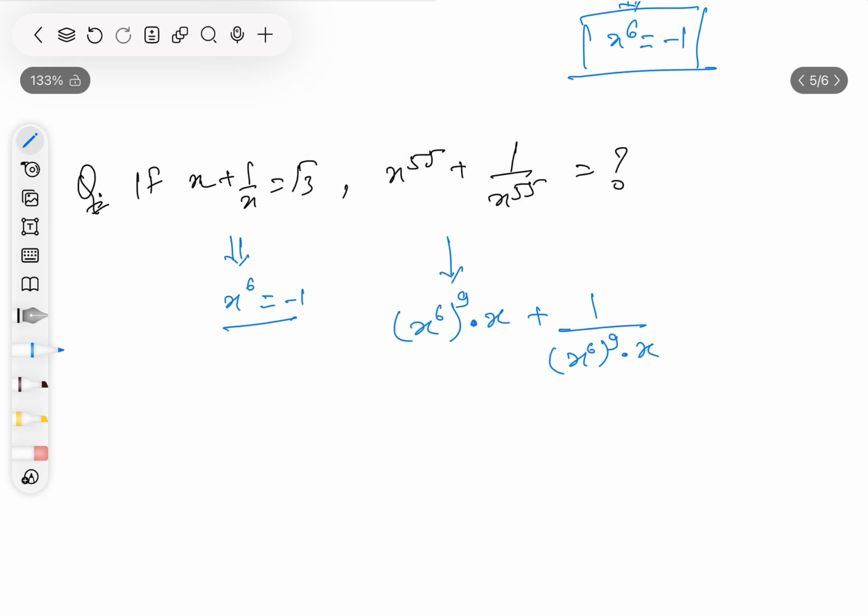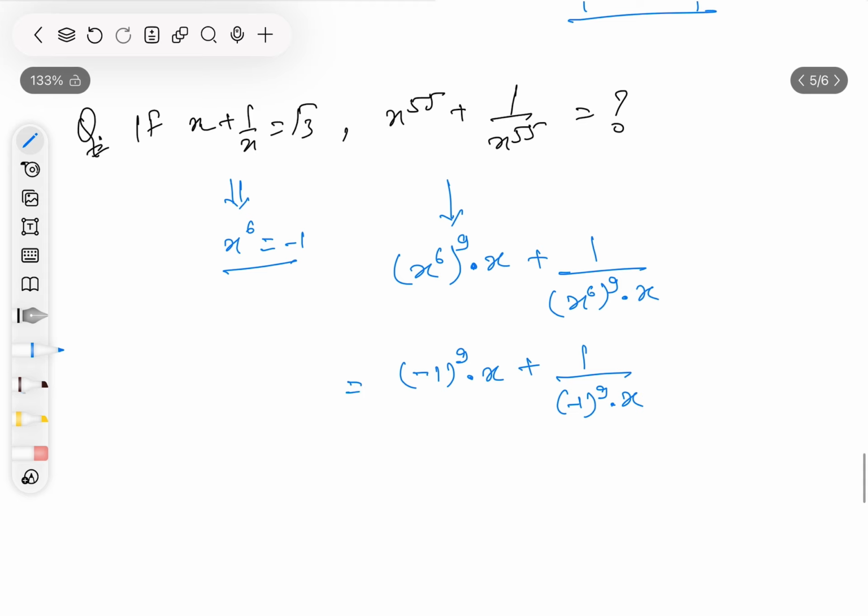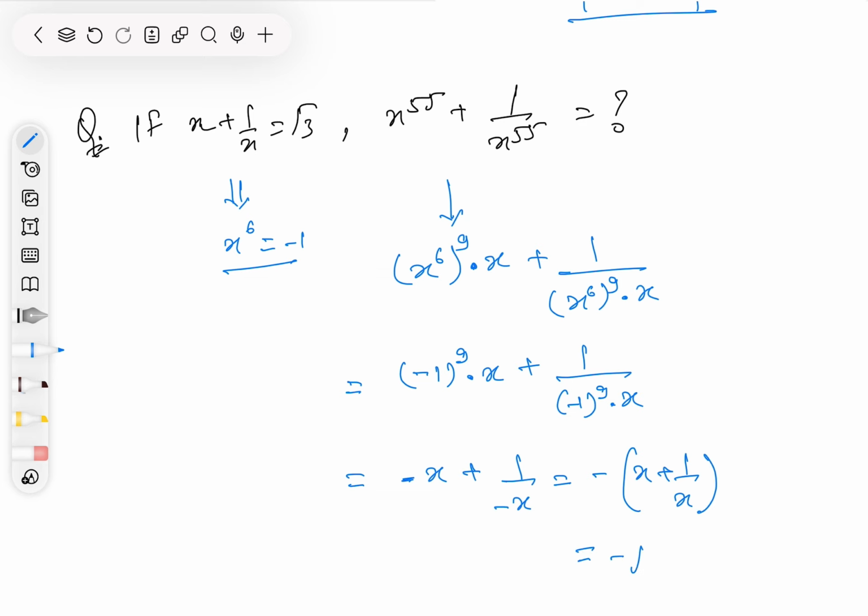What is x to the power 6? It is minus 1. So minus 1 to the power 9, 1 upon minus 1 to the power 9, that is x. So this will be minus x plus 1 upon minus x. So if I take minus common, this will be x plus 1 by x, which is minus root 3. And there is your answer.